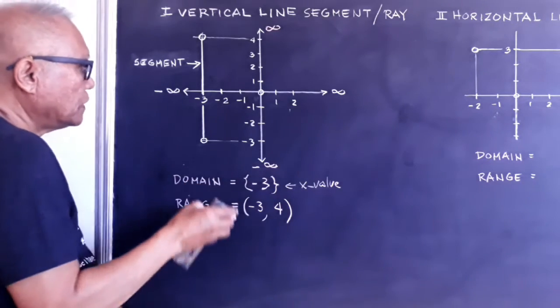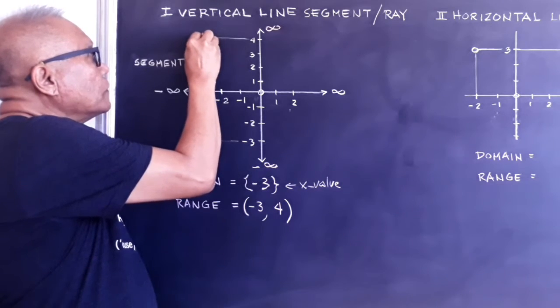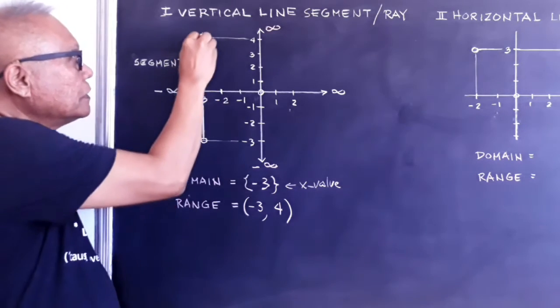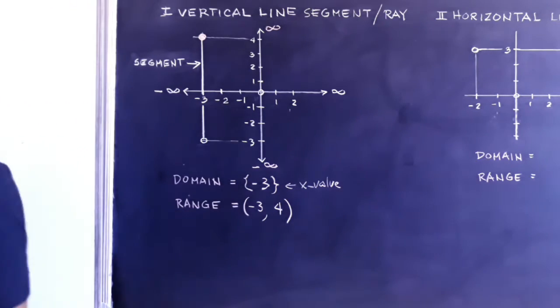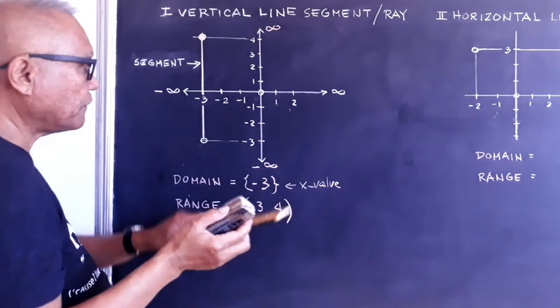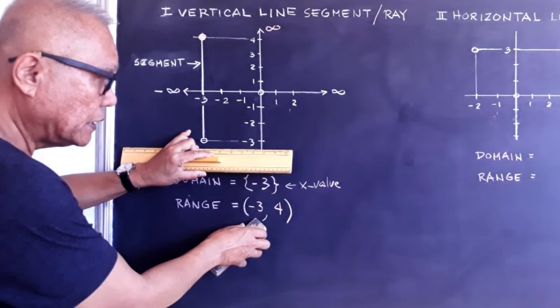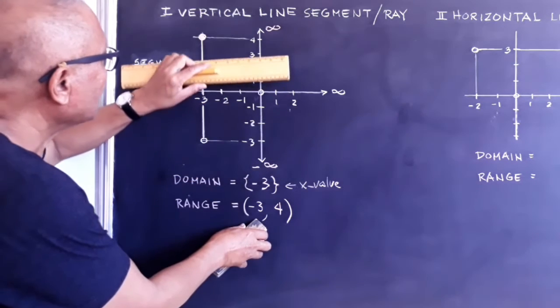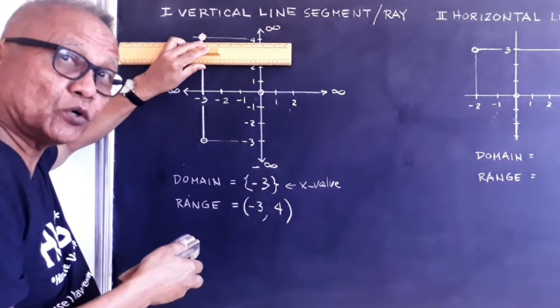Okay. What if this one is shaded? This one is shaded. So again, the domain will be the same, -3 is our domain. The range now will be different. -3 is still the -3, but when we get to the 4, it is shaded, meaning it is included.